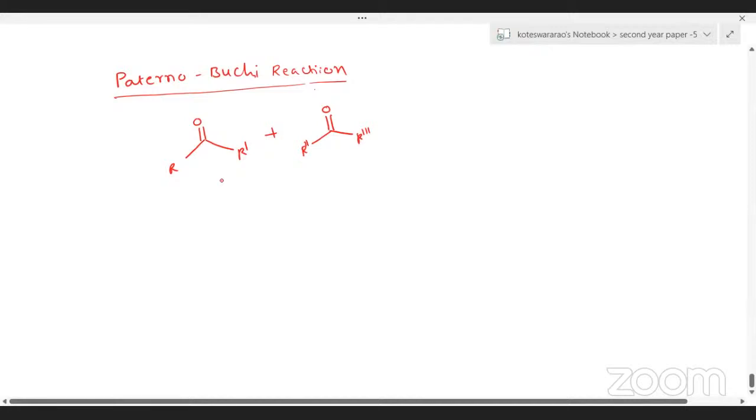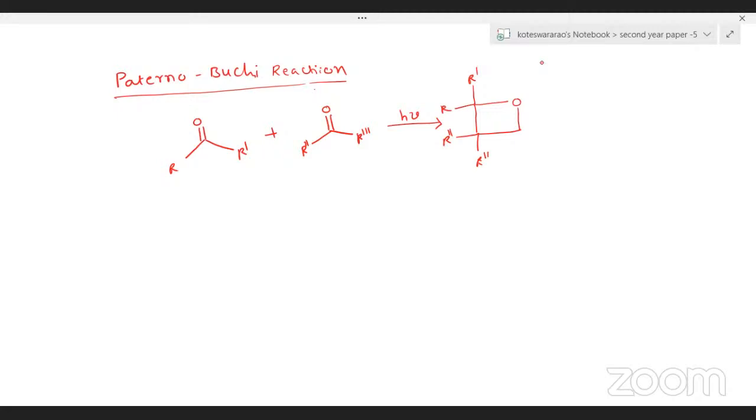Now, if this mixture is irradiated, it leads to the formation of that oxetane, a four-membered oxygen heterocyclic derivative, with R, R prime, R double prime, R triple prime as the substituents. These are the common products when carbonyl compounds are irradiated along with olefins.